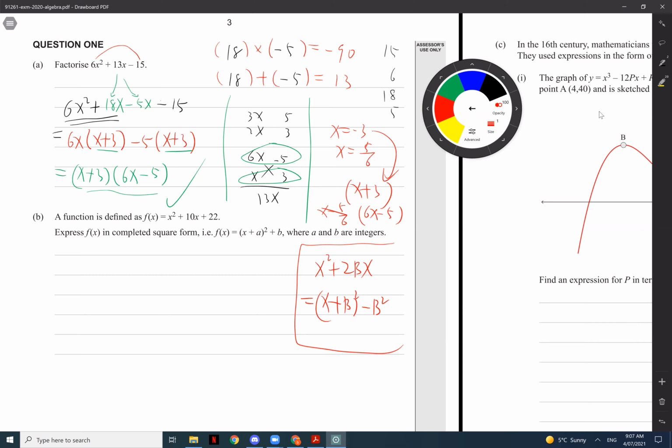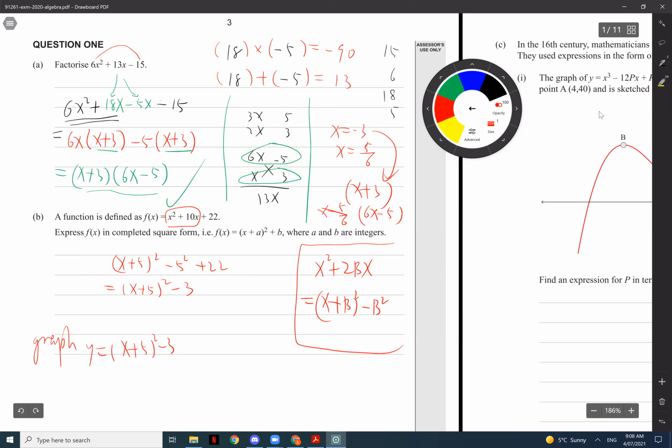So the answer, Nathan. x plus 5 squared minus 5 squared plus 22 minus 3, which means for the graph y equals x plus 5 squared minus 3.